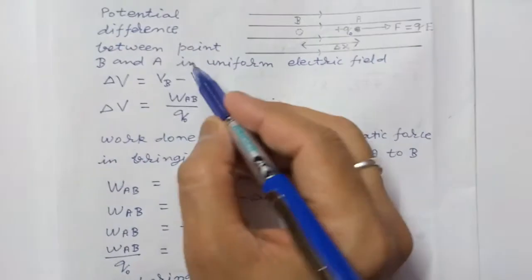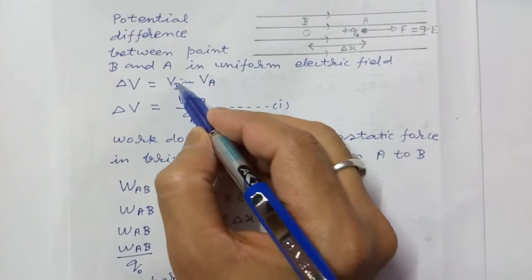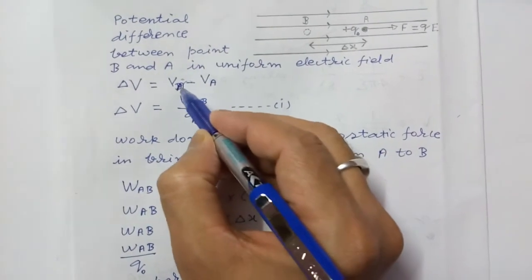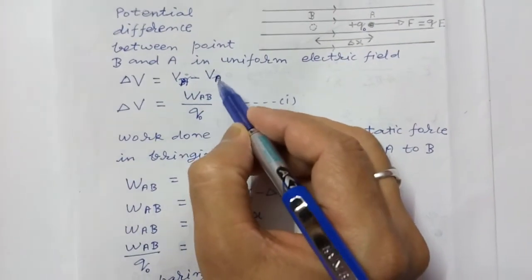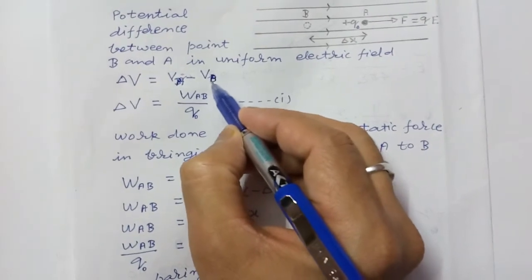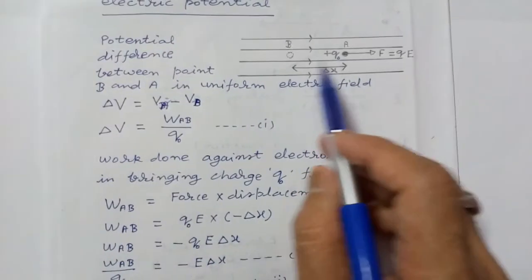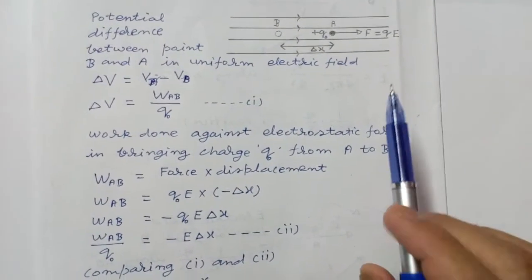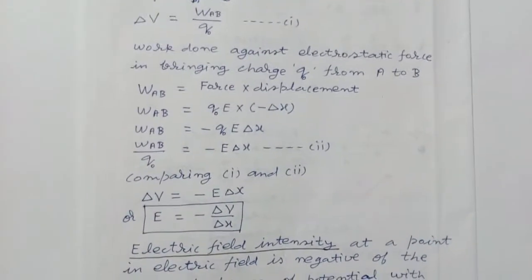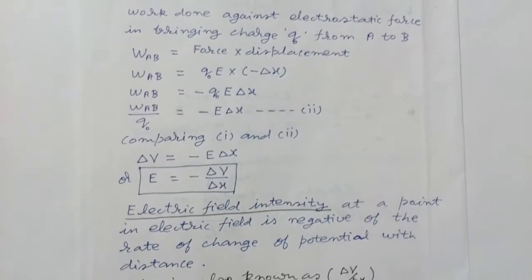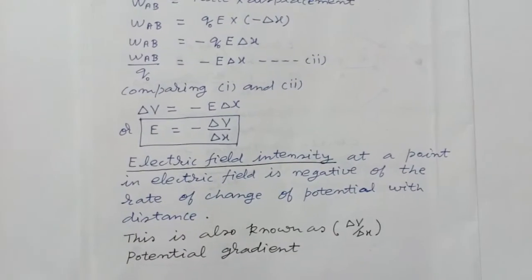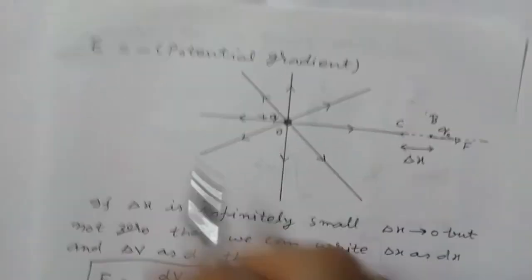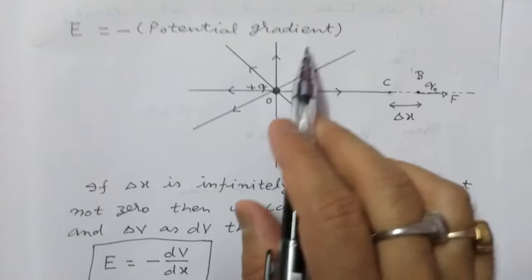So here, to get the positive value of delta V, we should write it as VA minus VB, because VA is more than VB. Now electric field intensity is a vector quantity, while electric potential is a scalar quantity. So E is the negative of the potential gradient.